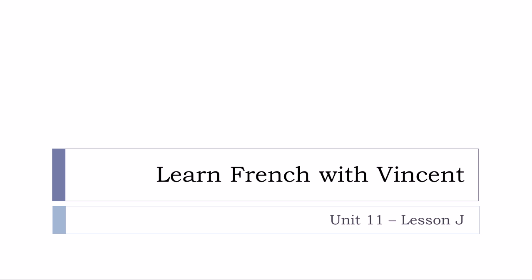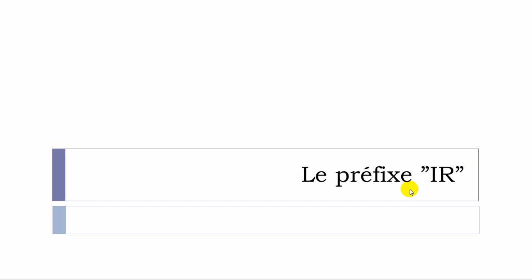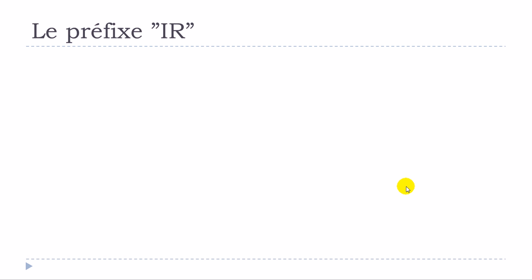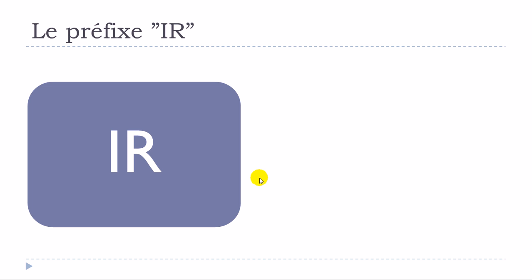This is Unité 11, leçon J. And in this lesson, we'll see le préfixe IR, and the good news is that it will be the last video for this chapter of préfixe. If you remember, when we're talking about préfixe, we're talking about letters, like in that case IR, that you add at the beginning of an existing word, and by adding these letters, you modify the original meaning of the word.